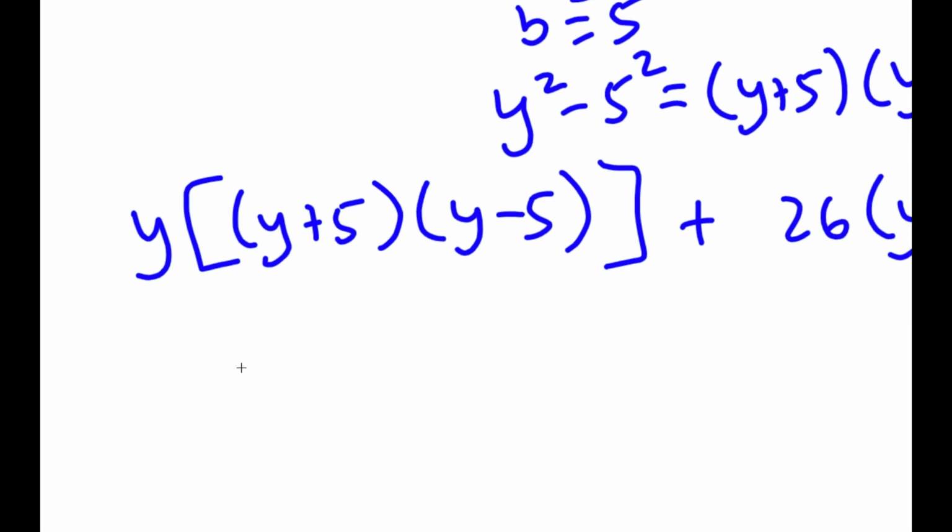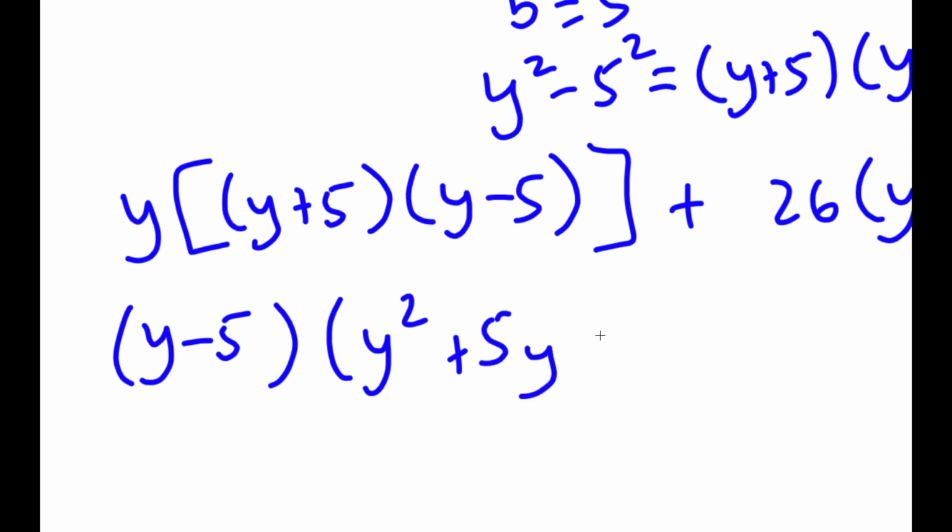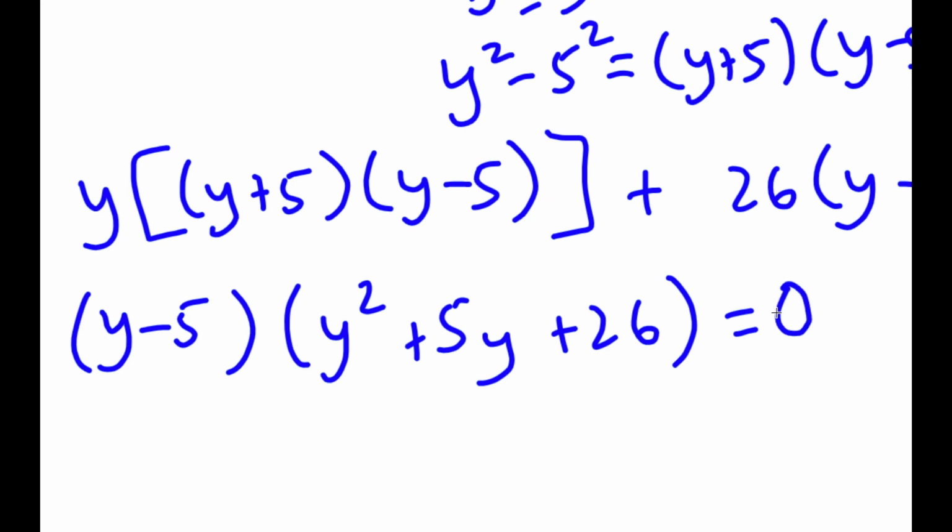Now if I factor out y minus 5, I get y minus 5 times y squared plus 5y plus 26. And remember, this is equal to 0.